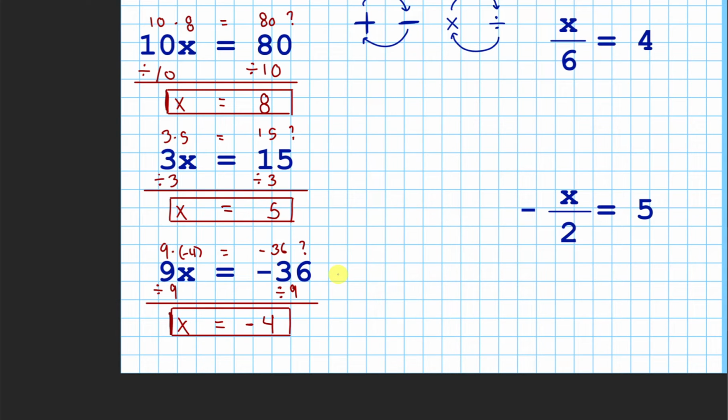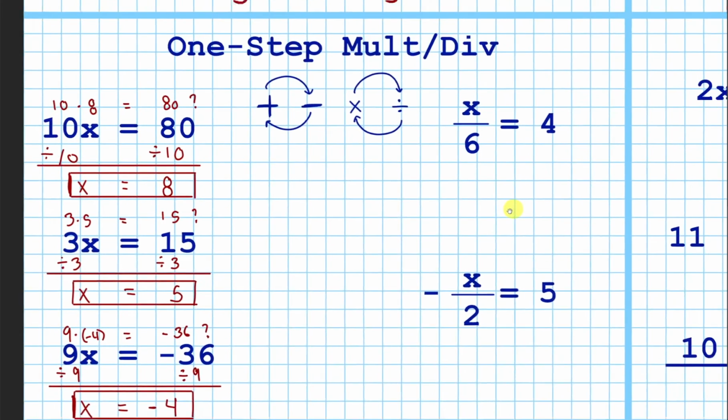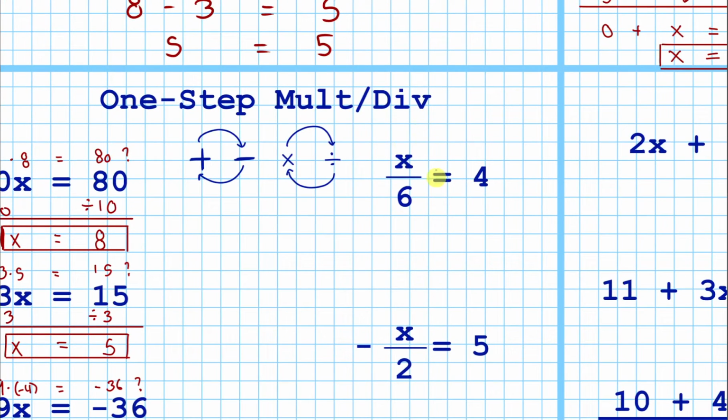Okay, Mr. Grab. I think I can see multiplication use division pretty easily. But what about this division business? Are there any differences? Well, no. Just take a look at these two right here. But hold on, Mr. Grab, I don't see division. I see a fraction. What do you mean division? Well, that is division. Fraction lines represent division.